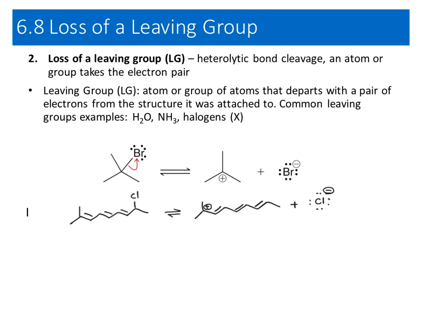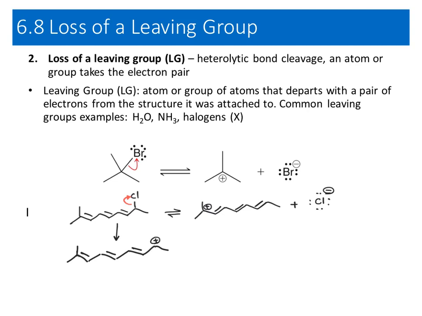So we can start by drawing an arrow to show loss of leaving group. Okay, and after the leaving group leaves the molecule, this carbon becomes positively charged.